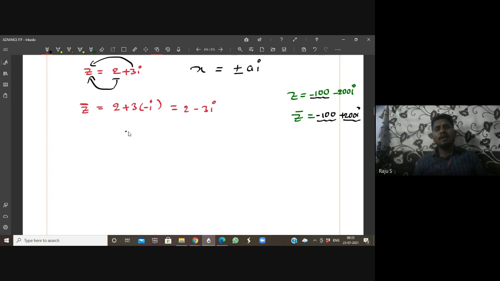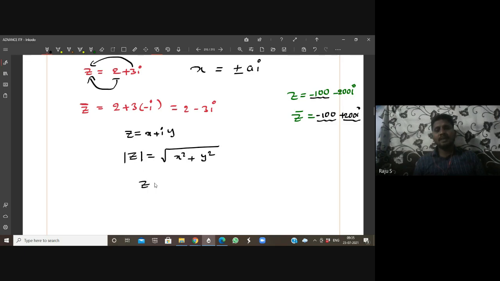Coming to the modulus of z, for example, z is x plus iota y. The modulus of z can be denoted like this. This is nothing but very simple: the square root of x square plus y square.